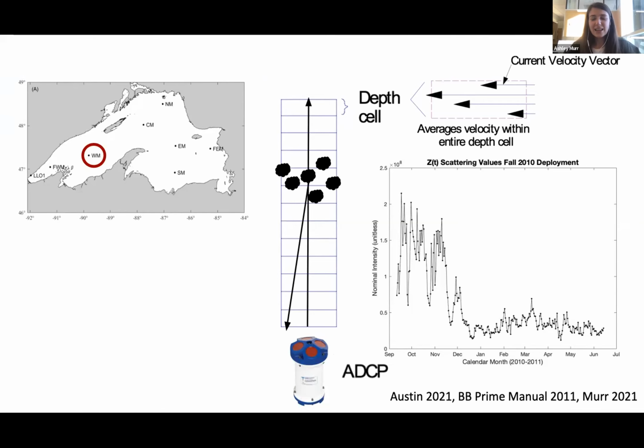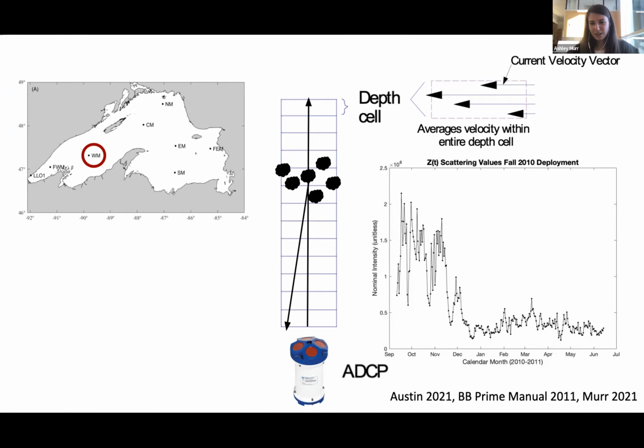The ADCP is usually used to measure currents, so it calculates the velocity. But the RSSI value can tell us how much scattering, or how much stuff, is in the water. The plot on your right shows the change in that RSSI value over the course of a year, and that's what I'm narrowing in on.